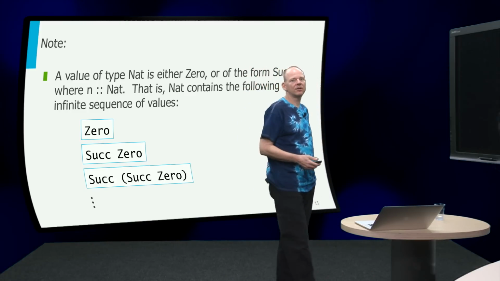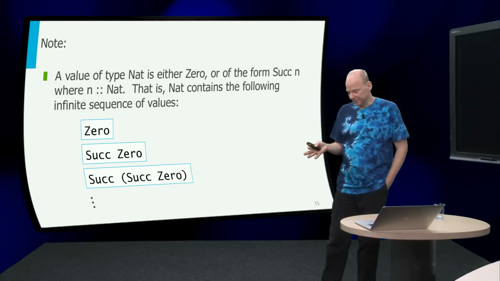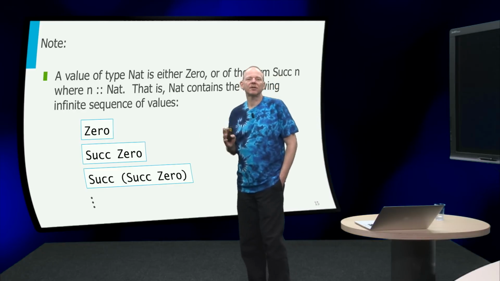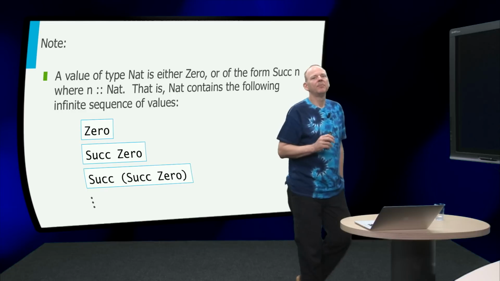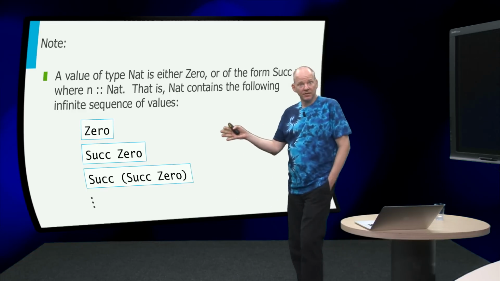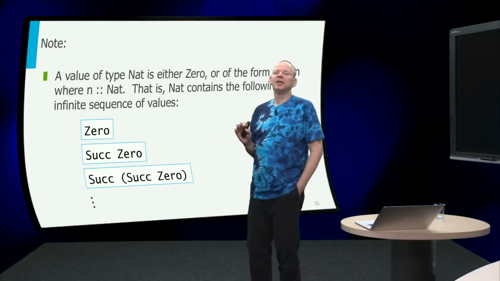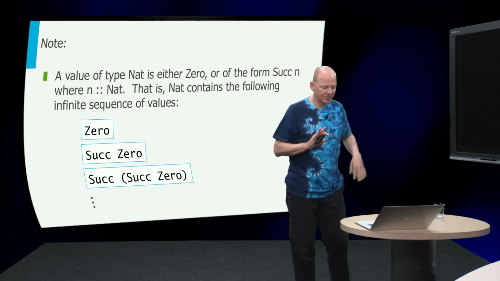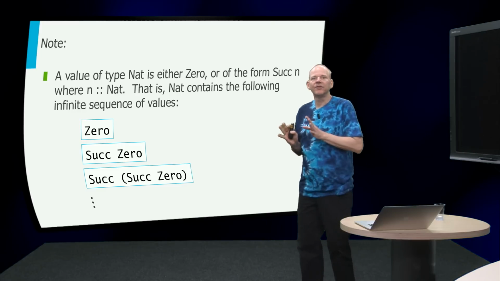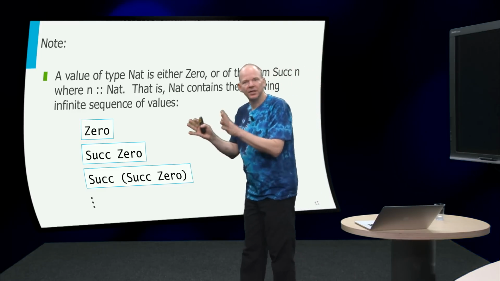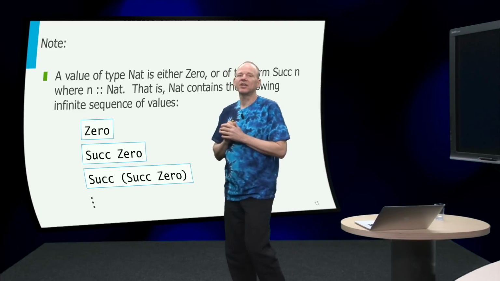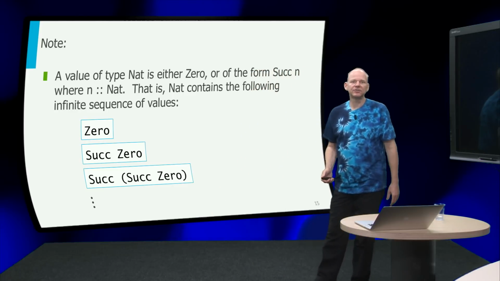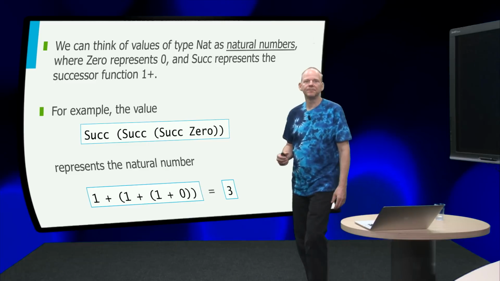Then we have Suc of 0, Suc of Suc of 0, etc. I mentioned before that we're glossing over certain details, because one of the values we can also have is undefined. But since this is just an introductory course, I'm not going to talk about undefined and bottom. For now it's typically perfectly safe to do so. This is the infinite set of values in type Nat.